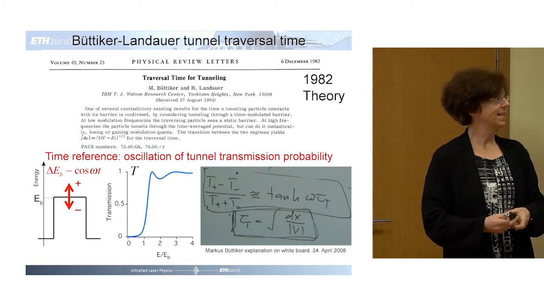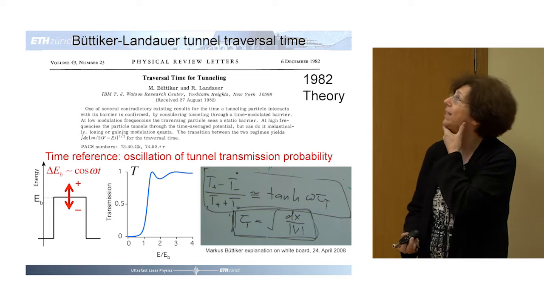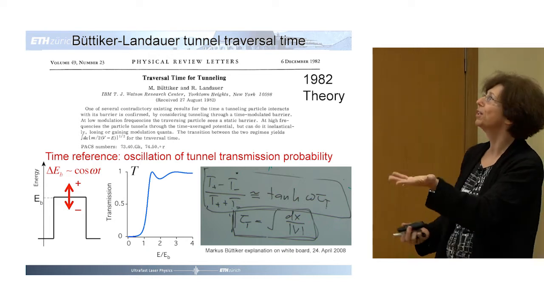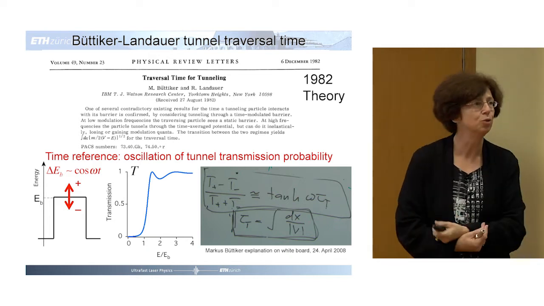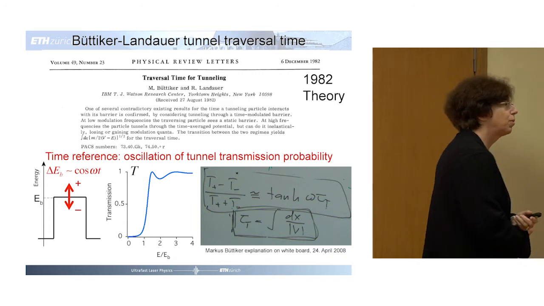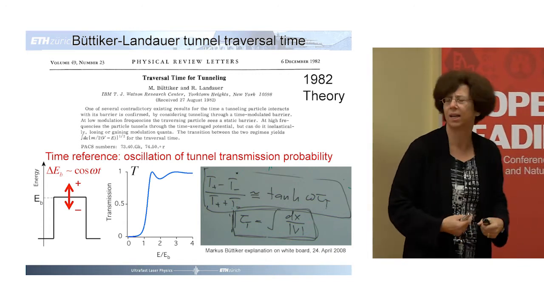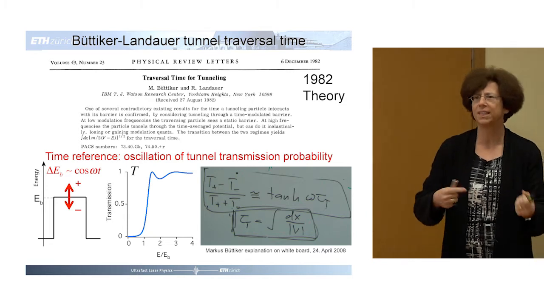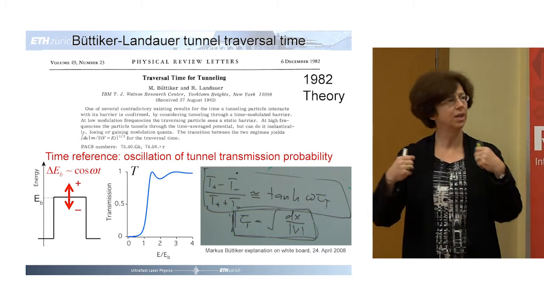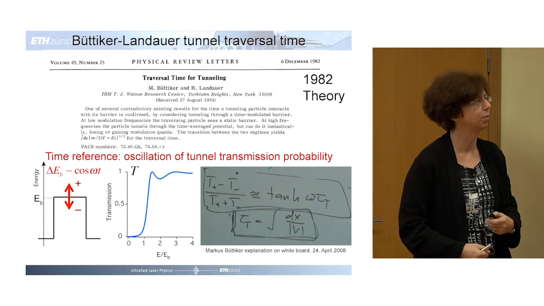Okay, then there is a paper by, these are all famous people, Büttiker and Landauer, 1982. They approached the problem of when does this tunneling actually start and when does it end, by putting a clock into this tunneling process.